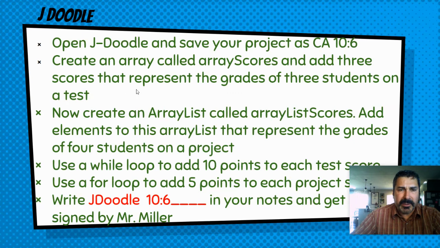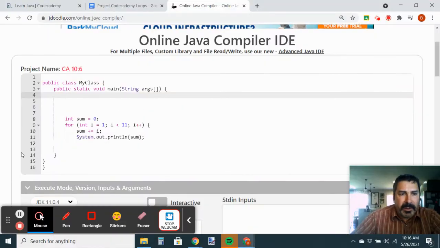All right, so we want an array of scores that represent the grades of 3 students on a project. Okay, so what we're going to do is go back to JDoodle. It's going to be scores, so that's going to be either integers or doubles.